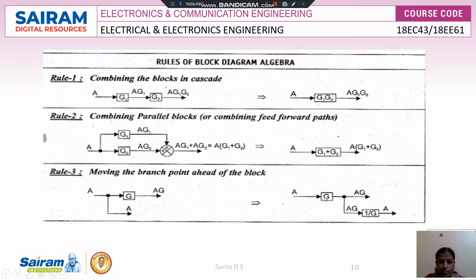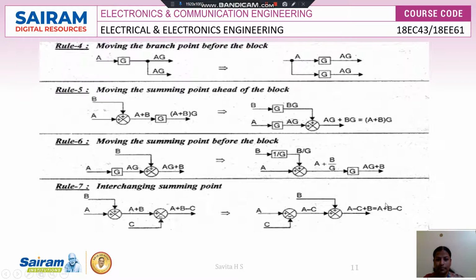A is the input, it is applied to the block G and the output is A into G. One more output I need to get as A. So I moved this branch point ahead, so here the output will be A into G. But finally I need to get A as the output. So if I write 1 by G inside the block, I will get A here. A G into 1 by G leaves the remaining value A.